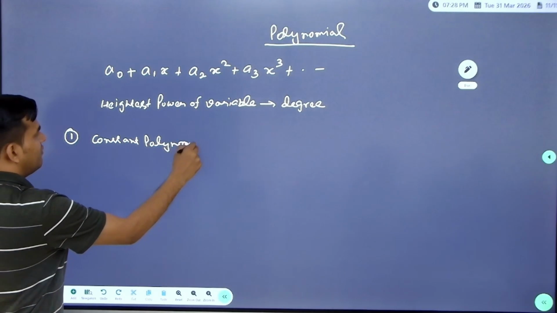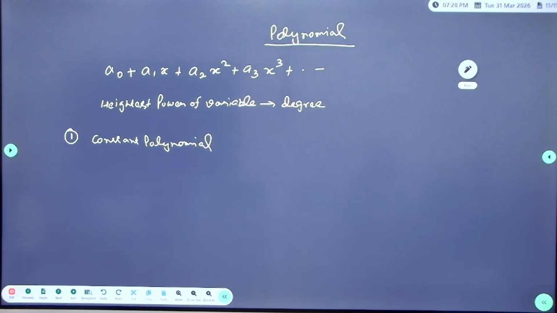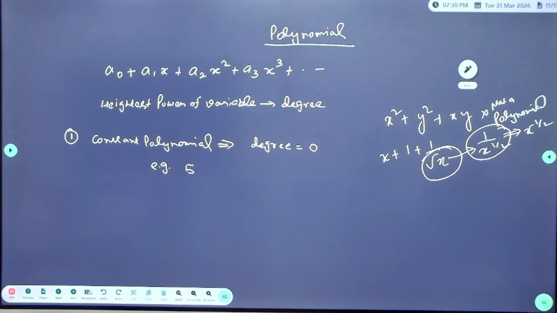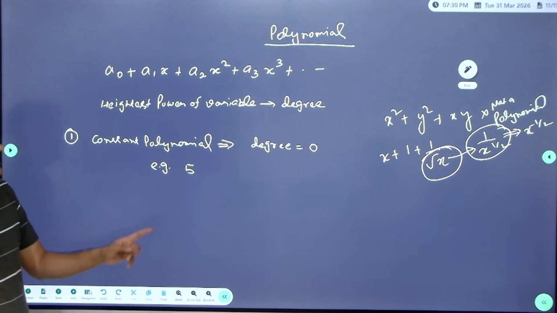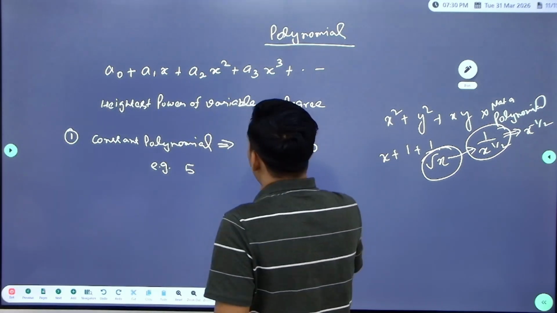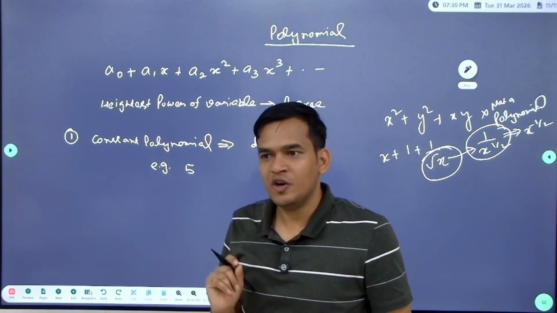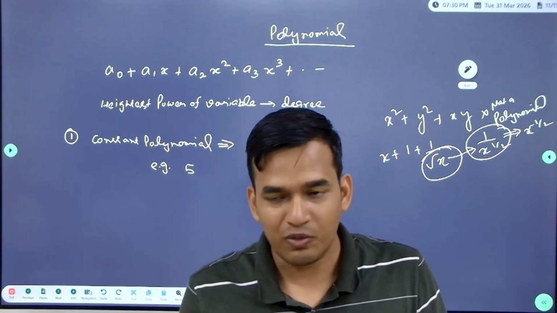Constant polynomial is a polynomial with 0 degree. If you are in favor, it is a polynomial. Not in favor? Srinidhi? Doubt. It is a polynomial. See, I told that the power of the variable should be a whole number, not a natural number.